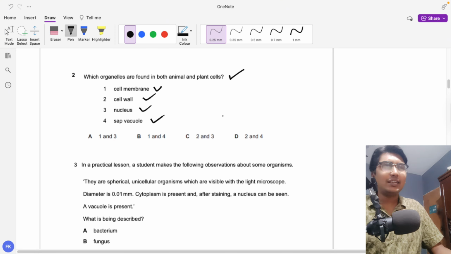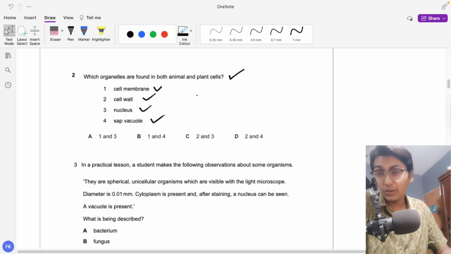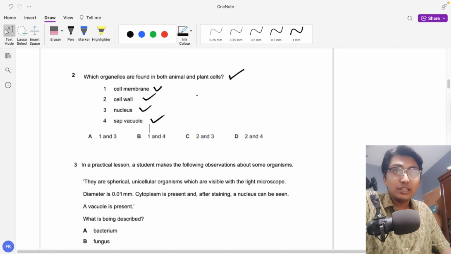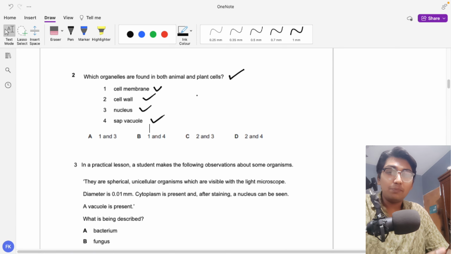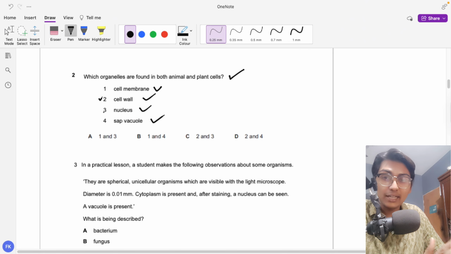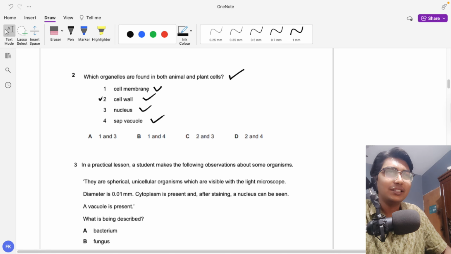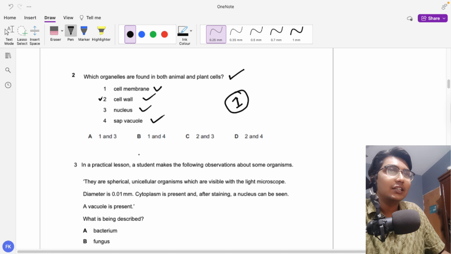They said which organelles are found in both animal and plant cells, so you have to remember these must be present in both of them. It cannot be cell wall, because cell wall is present in plants, not in animals. It is cell membrane, present in both plant and animal cells. So we got one of the answers. Now we can choose between A and B.